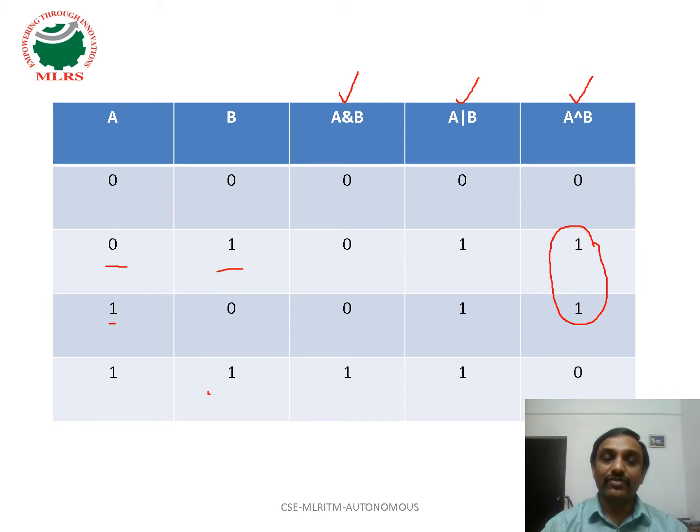If input is 1, 0, then result is 1. Otherwise, the XOR result is 0. Observe, if both the input values are the same, then the XOR value is 0. If both the input values differ, then the XOR result is true, that is 1.